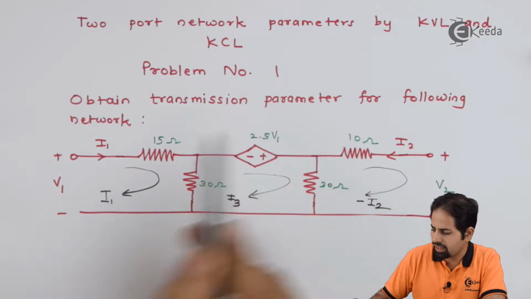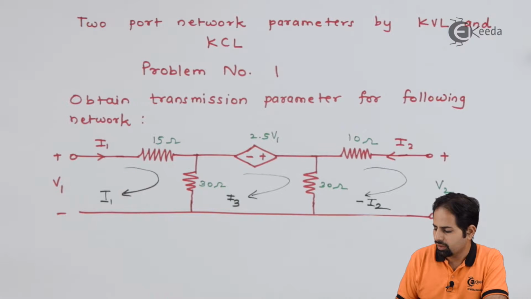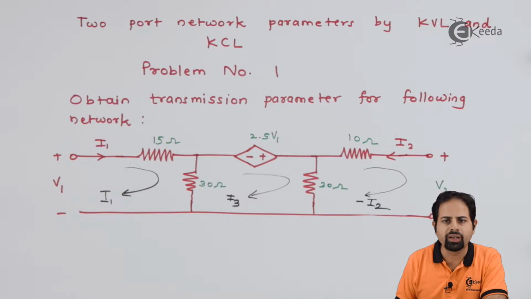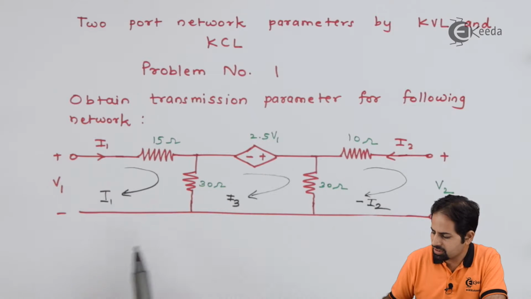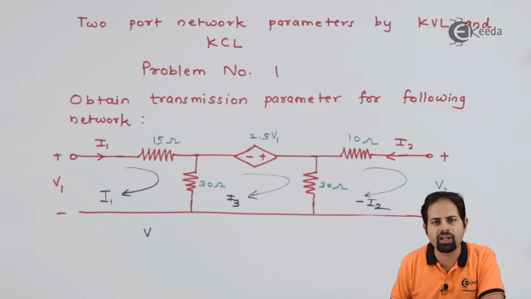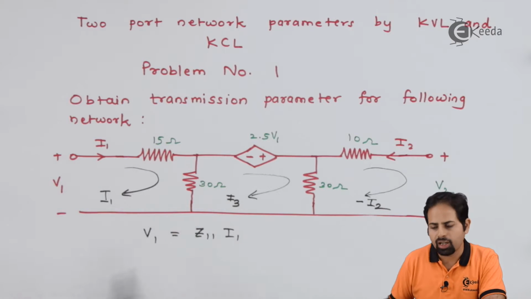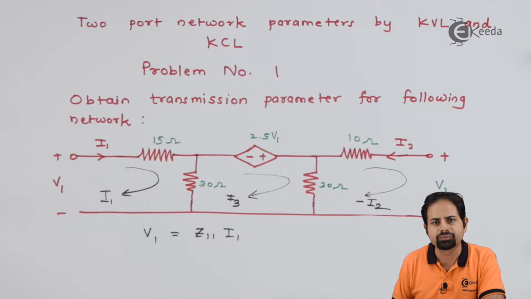Remember, we have to get transmission parameter. We will get equations in V equal to Zi form, or we can say V1 equal to Z11 I1. Why Z11? Because all these are resistances.